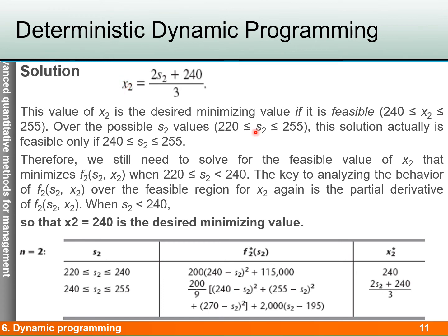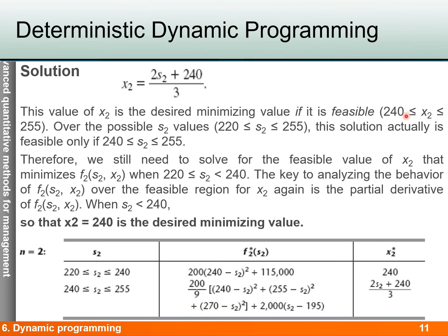So we know that S2 is between 220 and 255, and X2 should be between 240 and 255. If we check these amounts in our table, we'll see. For example, if I put 220 in this formula, it will give me an X2 that is 226.7.